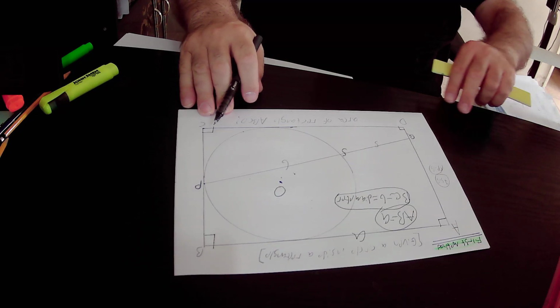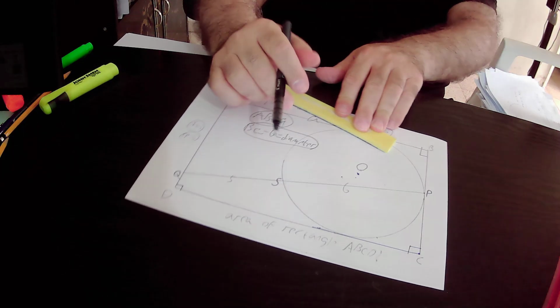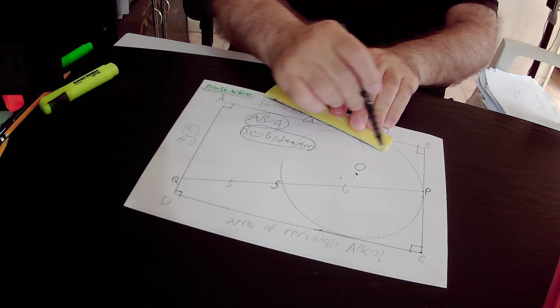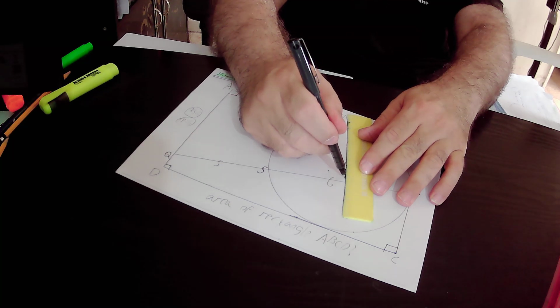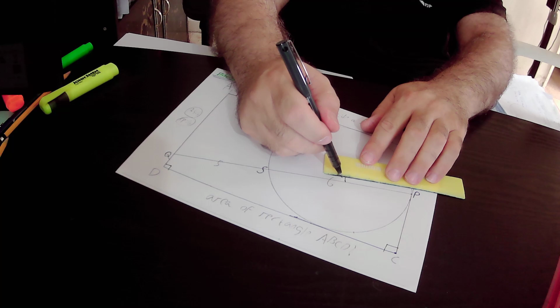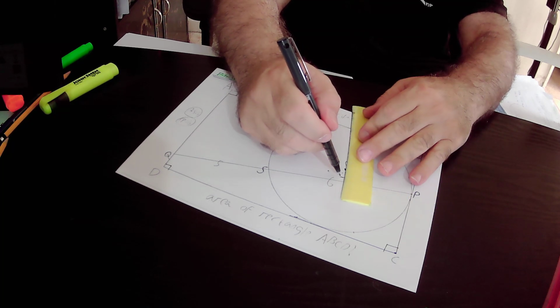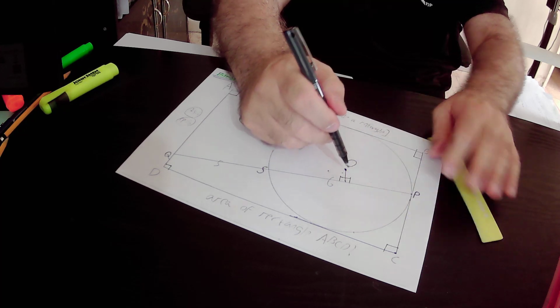From the center of this circle, that is actually point O, we will draw a perpendicular on chord SP. So actually, this angle equals 90 degrees and this angle equals 90 degrees according to our construction.